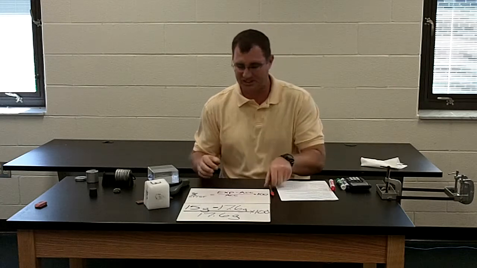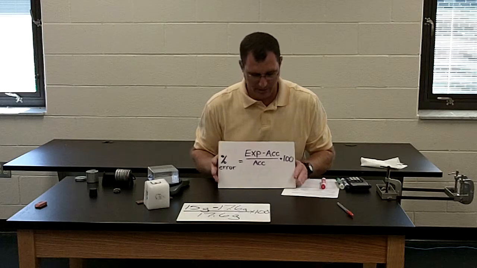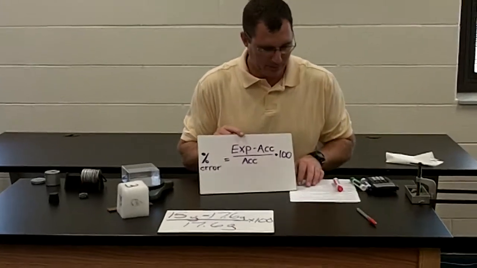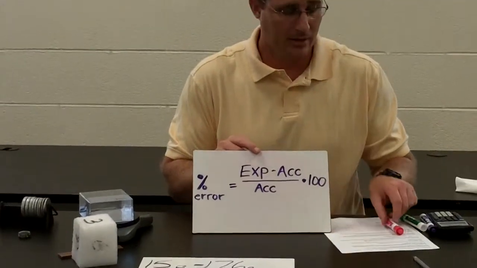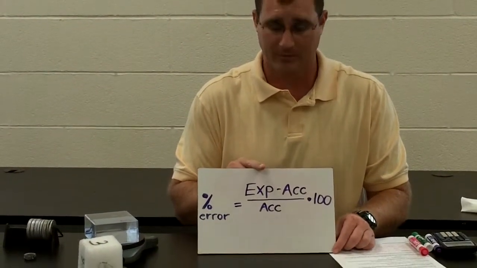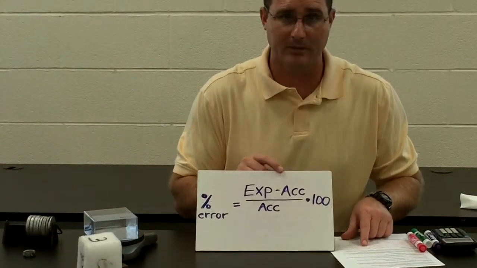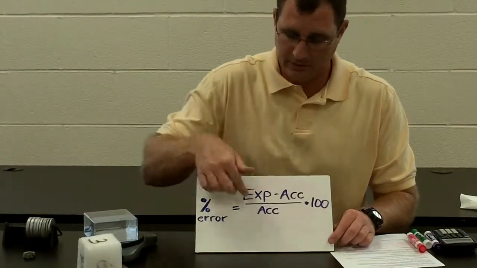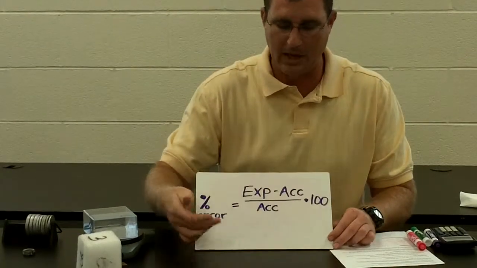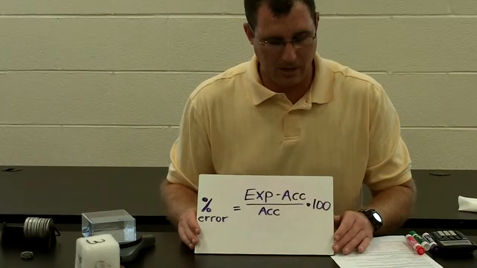The big thing we're wanting to use this for is to calculate percentage error. Now, the way you calculate percentage error is you're going to take your experimental value, that's the one where you felt it and you estimated its weight. Then you're going to subtract the accepted value. Then you divide the total of that by the accepted value, and you're going to multiply by 100.